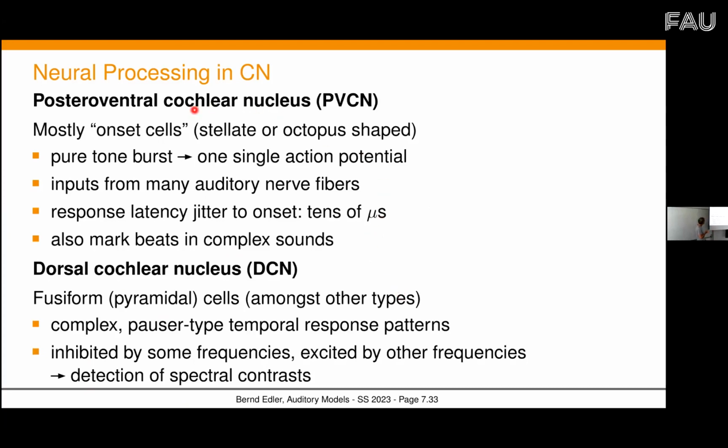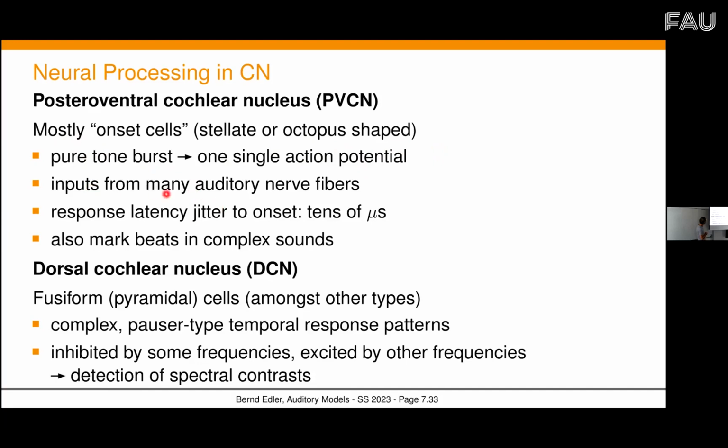And there's another part of the cochlear nucleus, the posterior ventral part. They are mostly these onset cells, which react to pure tone bursts with just a single action potential.